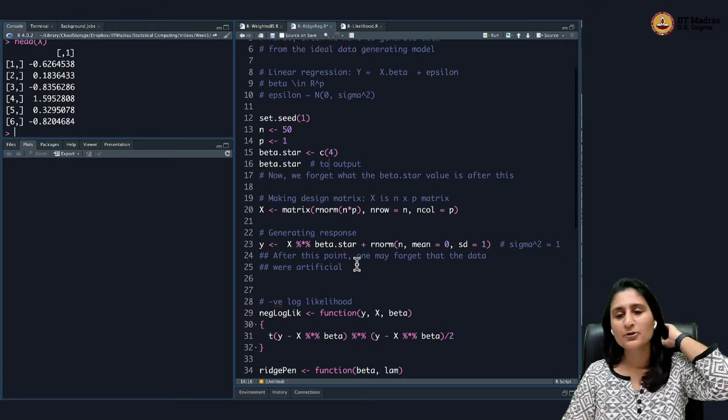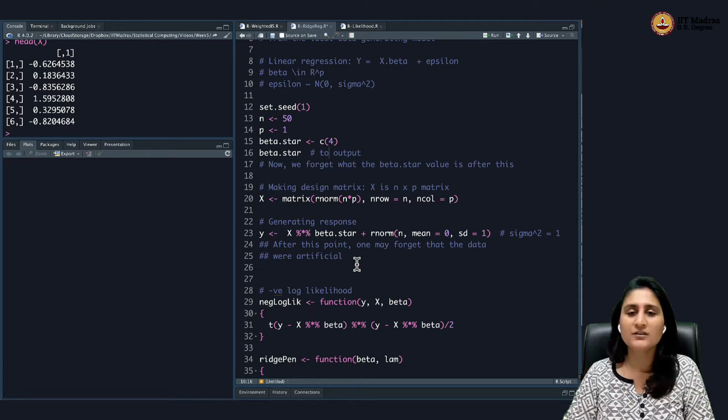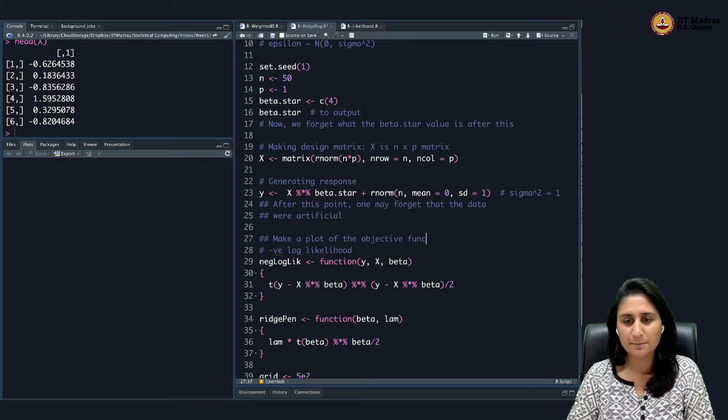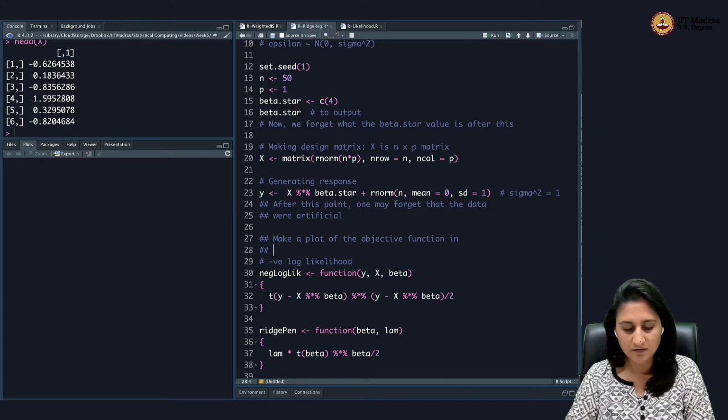But now what I'm going to do is make a plot of the two. So in this next part of the code, I'm going to make a plot of the objective function in ridge regression versus MLE regression.